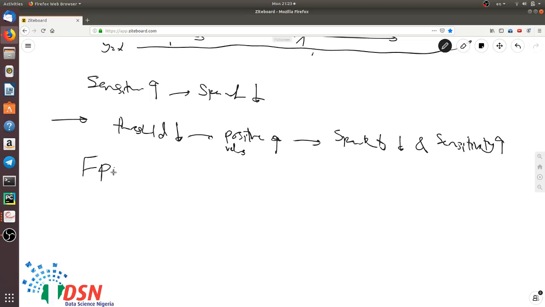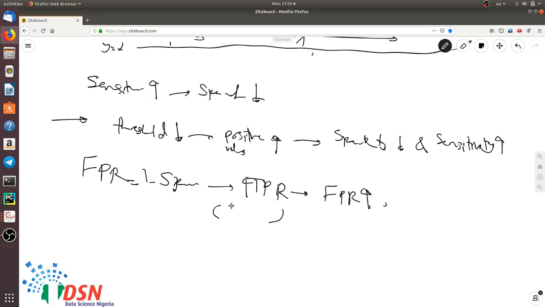Also we know that the false positive rate is 1 minus specificity. So if you increase the true positive rate, then the false positive rate will increase. We know that the true positive rate is actually the sensitivity. Often sensitivity and specificity are used together, and true positive rate and false positive rate are used together, but the true positive rate is actually the sensitivity.